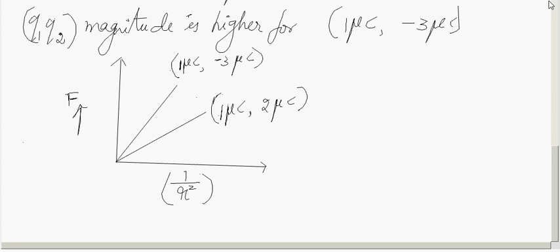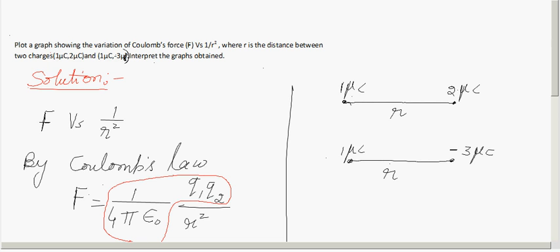The question says interpret the graphs obtained.